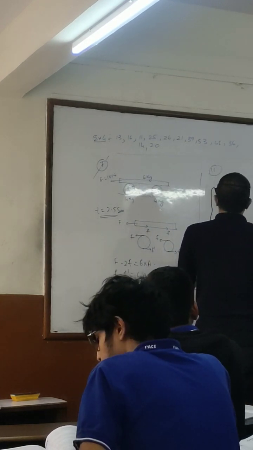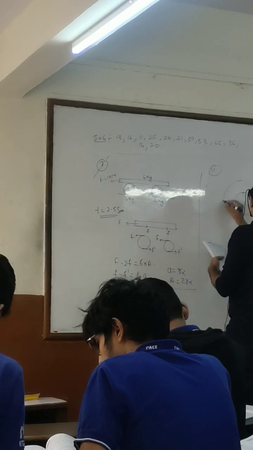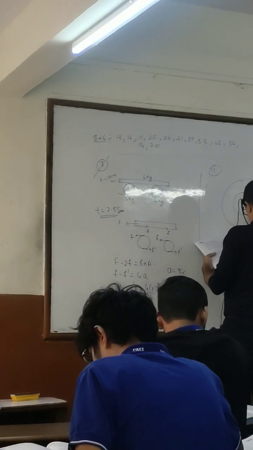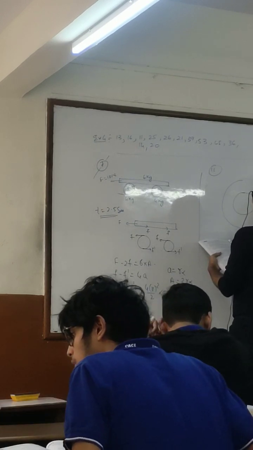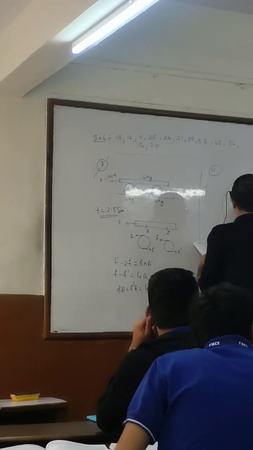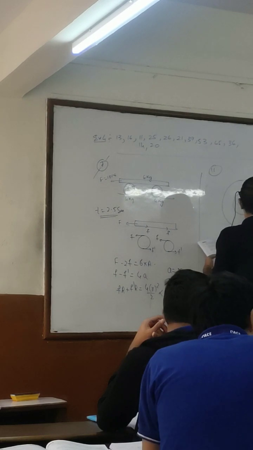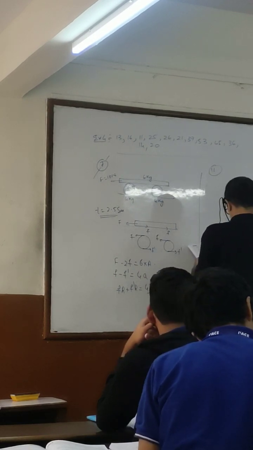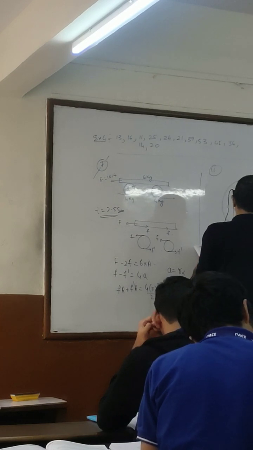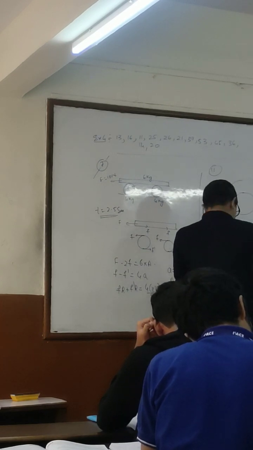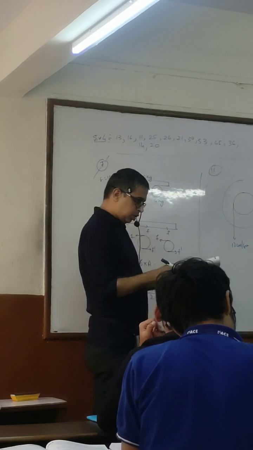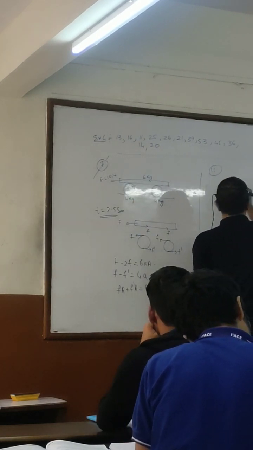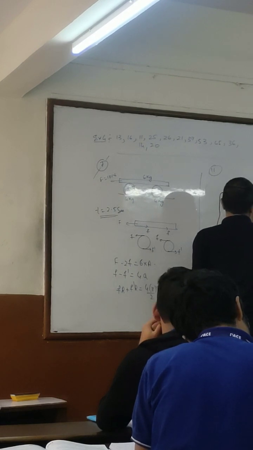So 5 by 7. 12 centimeters per second. This is 12 centimeters per second. Inner radius 2 centimeters, outer radius 4 centimeters.